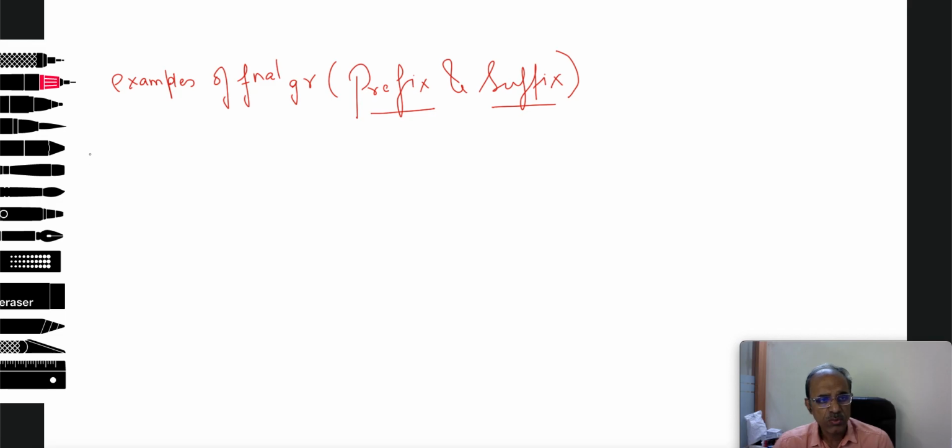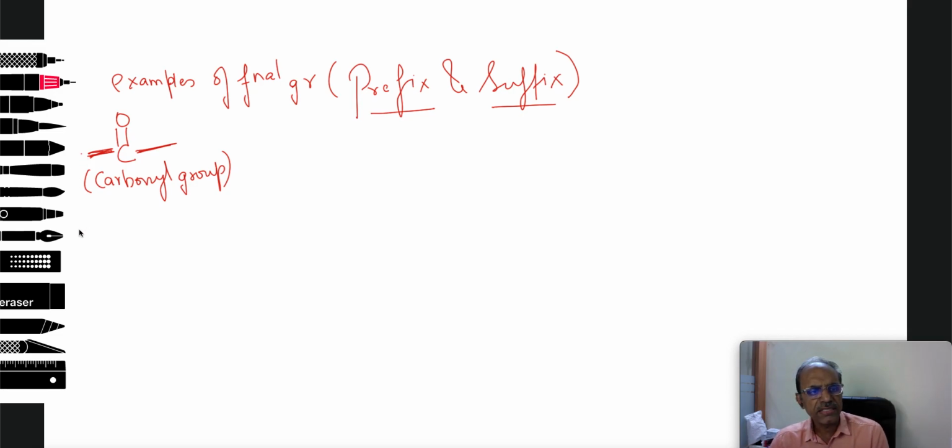Most of the functional groups, you can say, are besides this C double bond O. This is known as carbonyl group. Fine. Carbonyl group. I will give you a few examples.